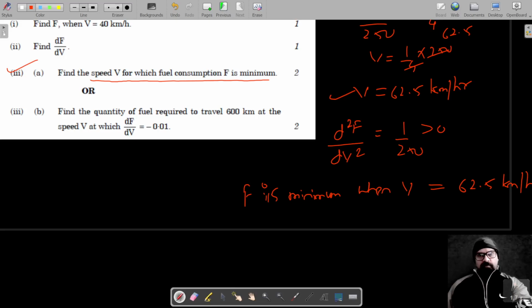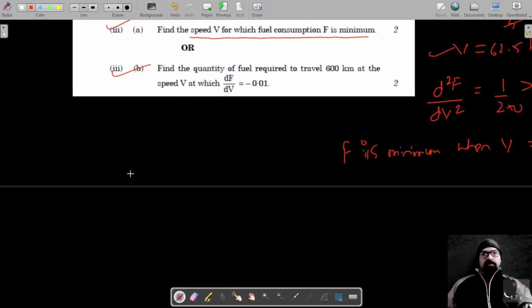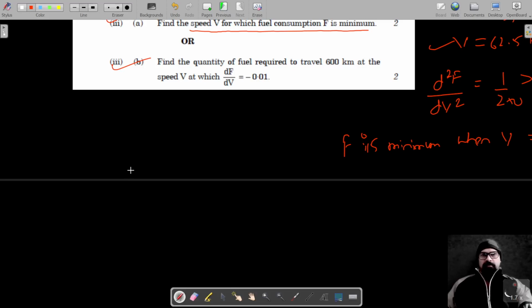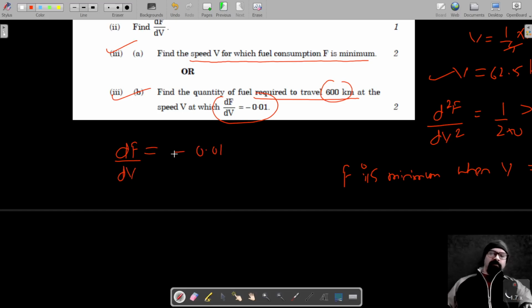Let's move on to the next one. For the B part of the same question, we have to find the quantity of fuel required to travel 600 kilometers at speed v. The rate of change of fuel consumption with speed, df by dv, is given as negative 0.01.